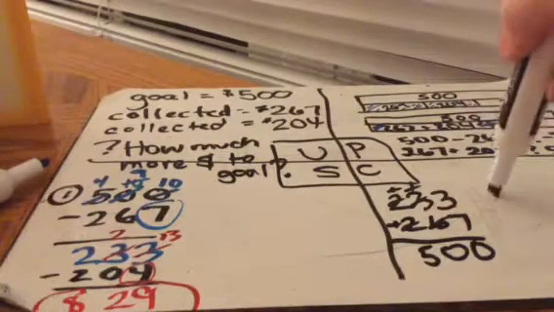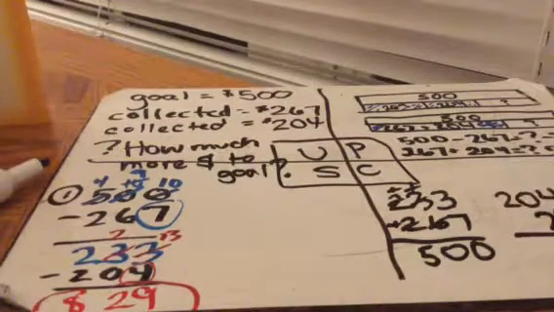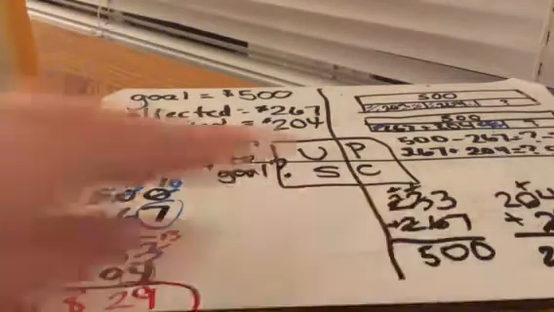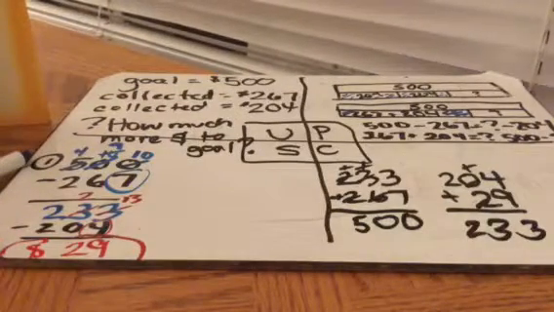So I did 204 and 29 should get me to 233. 4 plus 9 is 13. 1 plus 0 plus 2 is 3. And 2. So 233 is what I started with there.